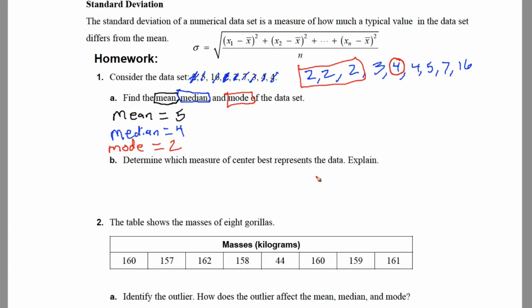Now, which one best represents the data? In this case, there's an outlier. This outlier right here will affect the average, the mean. The best way to find out what the average number is is to ignore the outlier. Anytime you have an outlier, then I want to use the median.